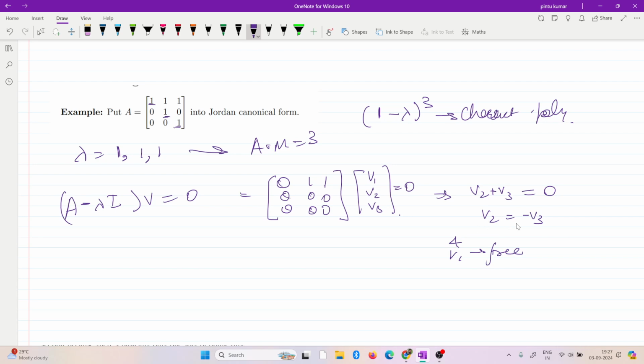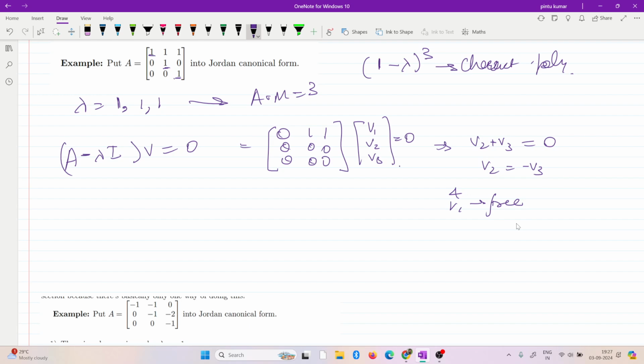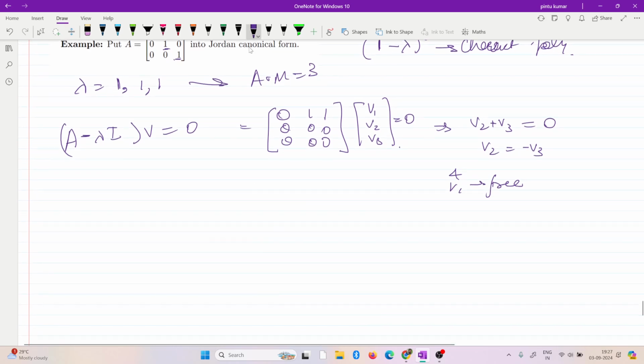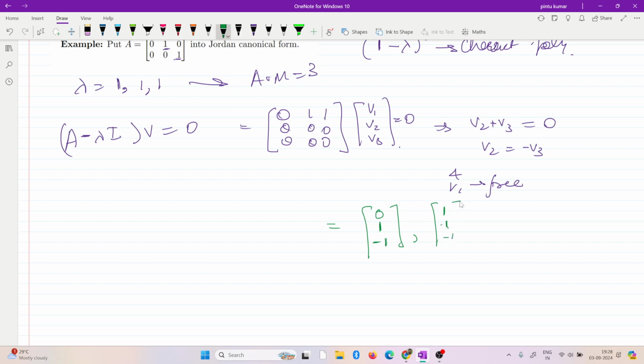If you choose your V2, your V3 gets chosen, right? What are the linearly independent eigenvectors you can get based on this condition? V1 is free, so one time let's choose it to be 0, then 1 and minus 1, and the second one is 1, 1 and minus 1. These are your two linearly independent eigenvectors. So its geometric multiplicity is 2.